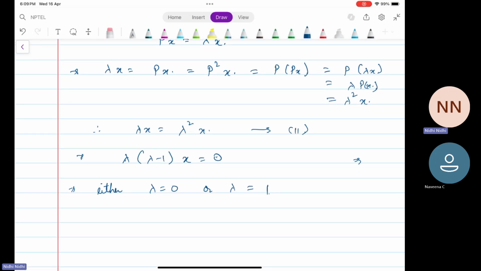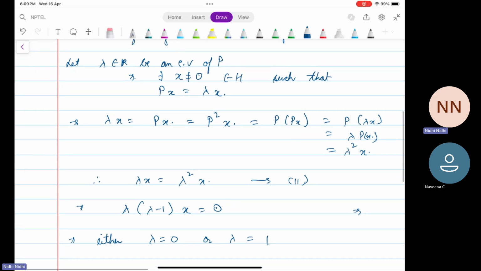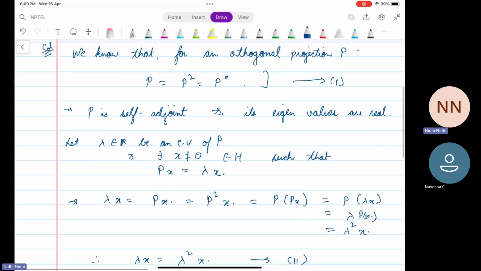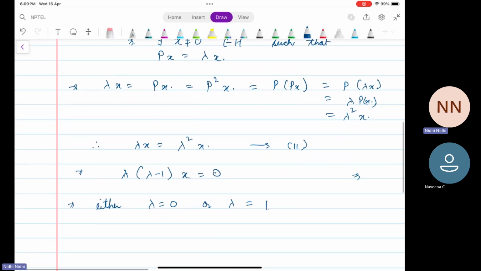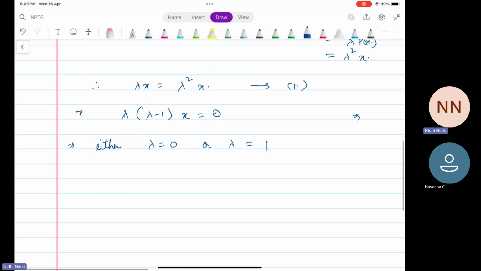Therefore the possibility for eigenvalues are 0 and 1 only. P cannot have -1 as its eigenvalue. Therefore, the given statement is false. Lambda equal to -1 is never a possibility.